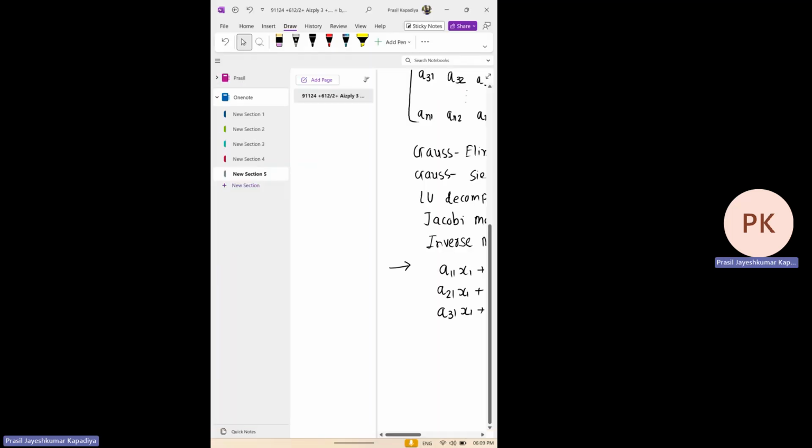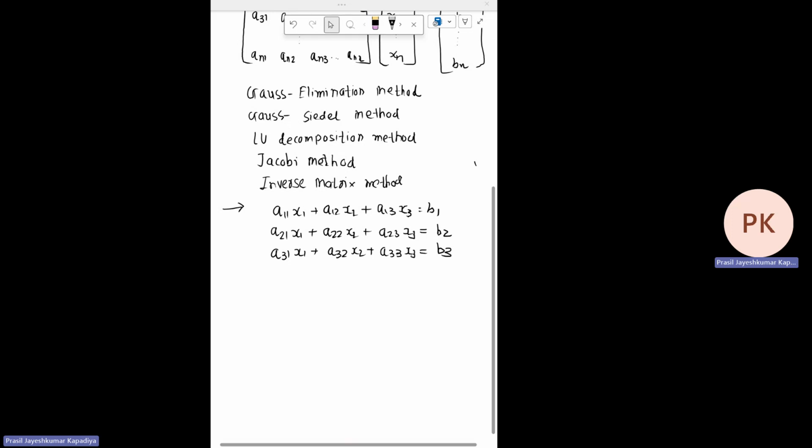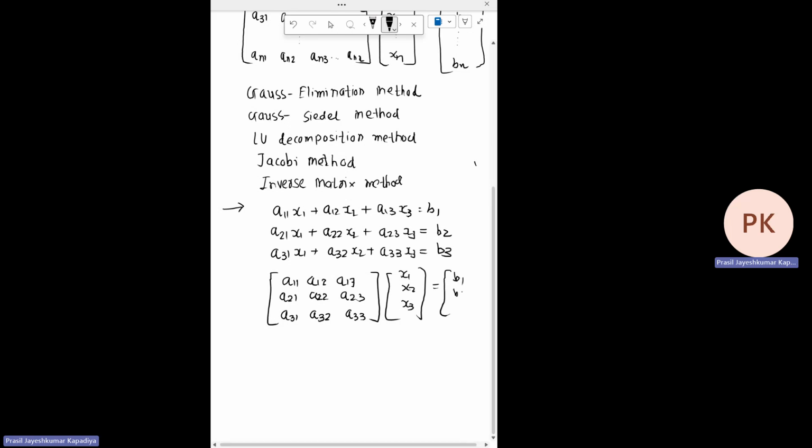So let's say these are the three equations that I want to solve. I can write these three equations in terms of matrix A11, A12, A13, A21, A22, A23, A31, A32, A33 into x1, x2, x3 is equal to b1, b2, b3.